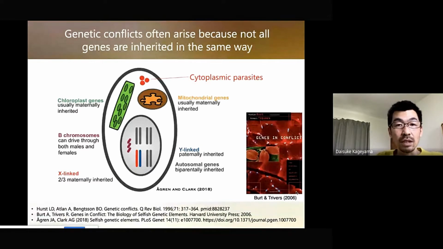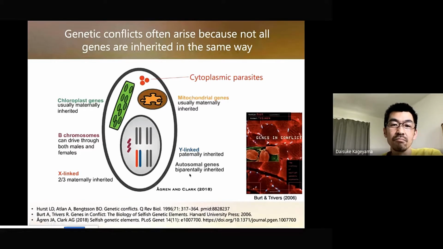So why such selfish genetic elements arise is because there is the existence of conflict, because not all the genes are inherited in the same manner. As you can see here, some genes are maternally inherited, other genes are paternally inherited, and the others are biparentally inherited.